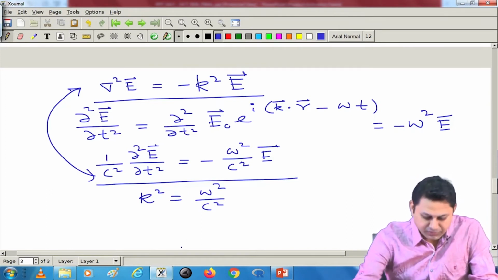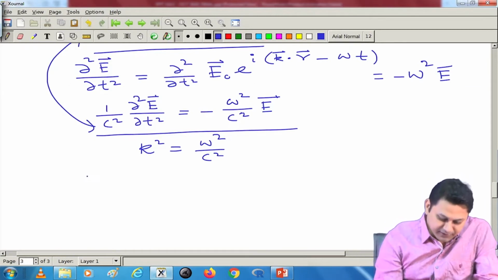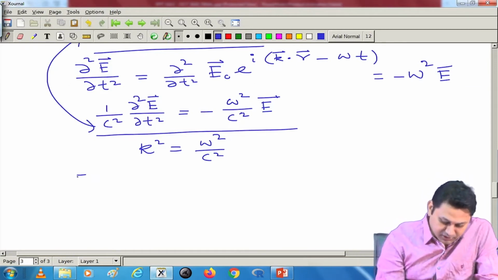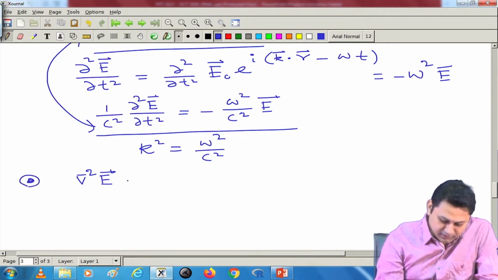So, why it is called plane wave we are going to learn, but one thing we find that okay, I have a differential, I have a wave equation like this. So, let me summarize what we have. This is my wave equation.